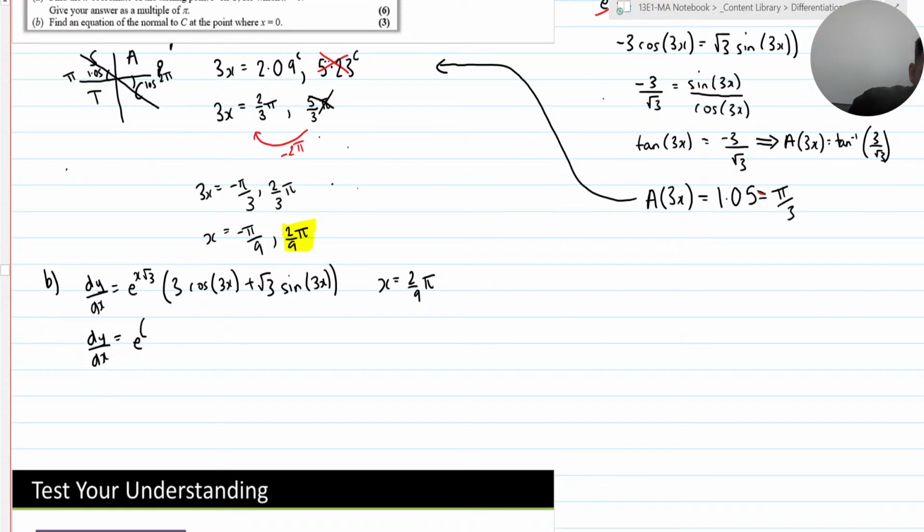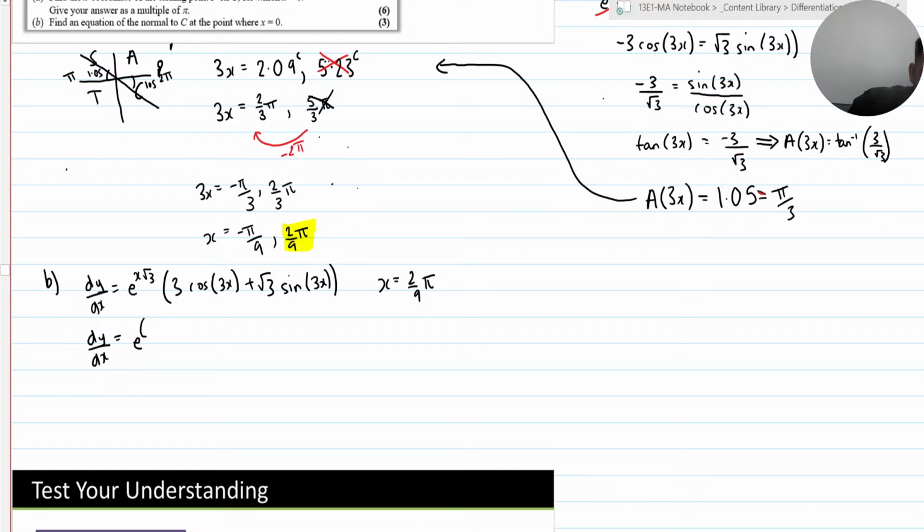And I'm subbing in our x coordinate for this, which is 2 over 9 pi. Now remember, this is just exactly the same as what we were doing normally, it's just we've got all these horrible e's and x's and cos's in.